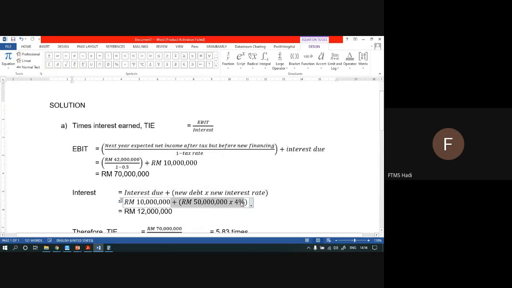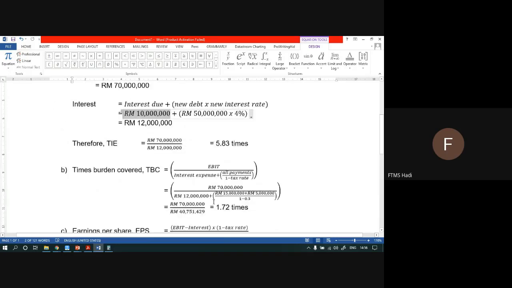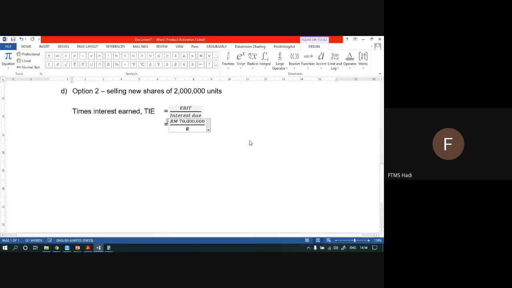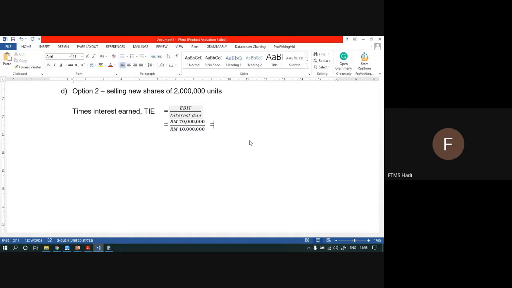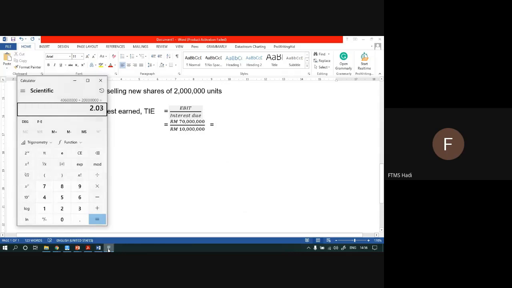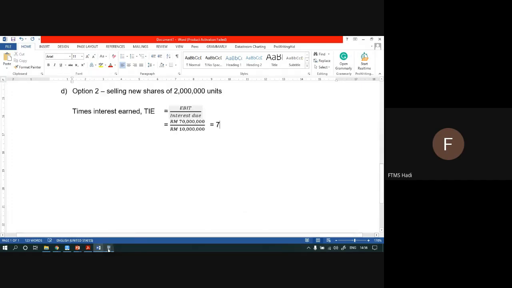You just put the original interest due, which is 10 million. So the answer will be 70 million divided by 10 million, which is 7.